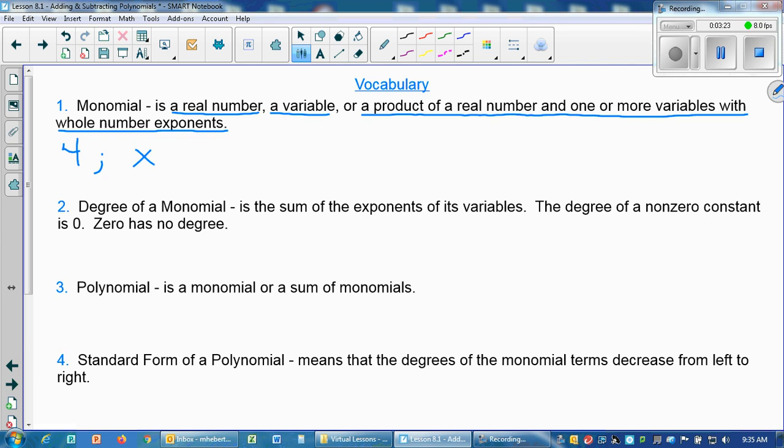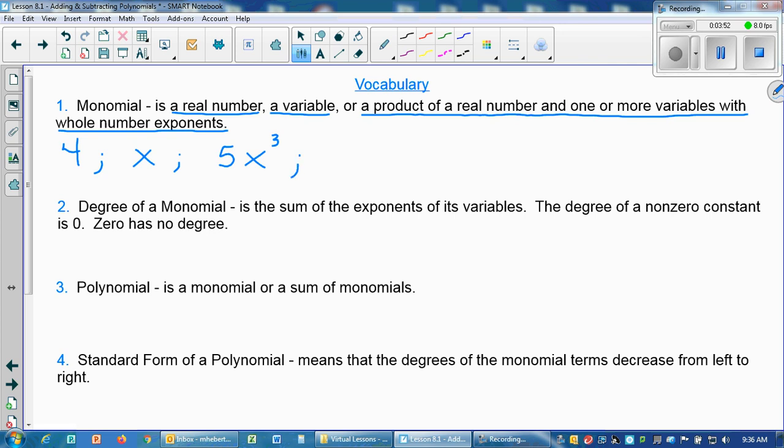So we're going to do a real number and one variable with positive exponents, and then a real number with more than one variable with whole number exponents. So we'll do 5x to the 3rd, and this is a whole number, 5, a variable x with an exponent of 3, which is a whole number.